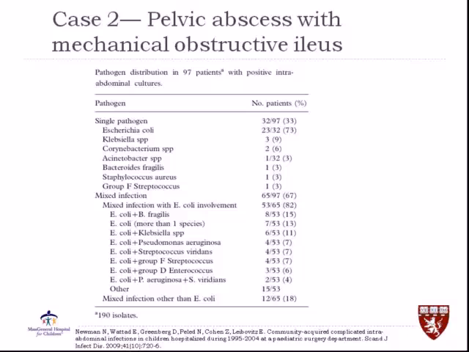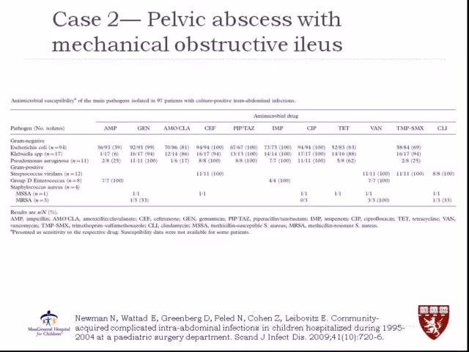So moving on to the antimicrobial susceptibility, again in that same paper. Your traditional AMP, GENT, and Flagyl should work for the most part. So for the E. coli, you can see 99% of these isolates being sensitive to gentamicin. For the Klebsiella species, gentamicin is good coverage, and they did recover a few Pseudomonas, and the Pseudomonas that they recovered were sensitive to gentamicin as well.